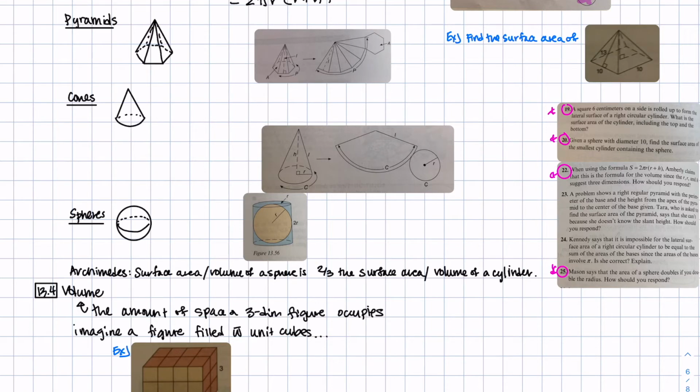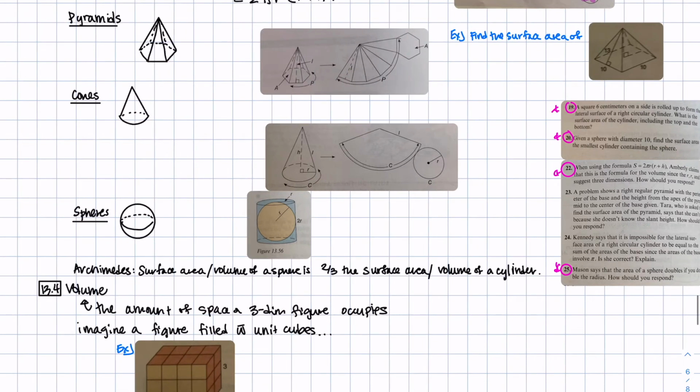So if I unfold this region, instead of having those 2 areas that I had before, notice I just have one of these. So for the surface area of my pyramid, I'm going to have just one of those areas.